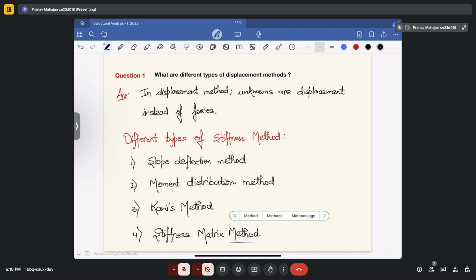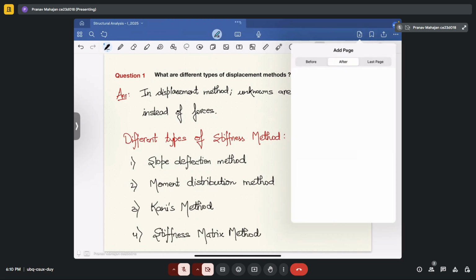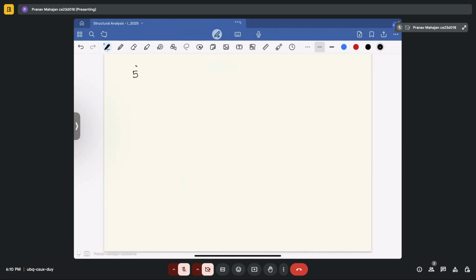And the last method is Castigliano's first theorem.